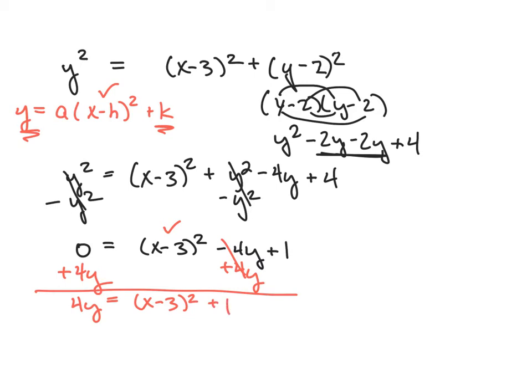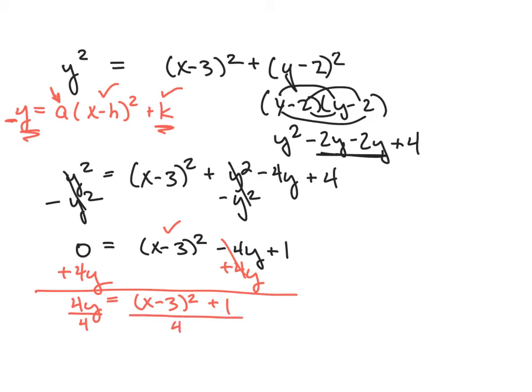We're getting closer, right? So now it looks like I might have this, but that is still a problem, and I have a 4 in front of the y here. So let's divide both sides by 4.